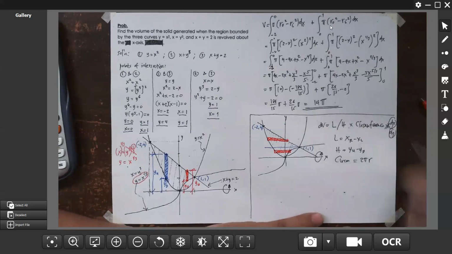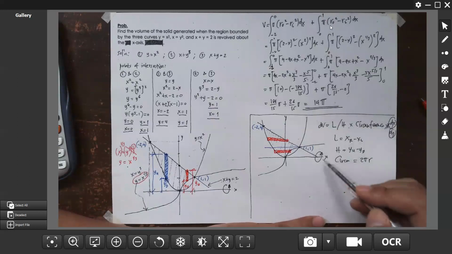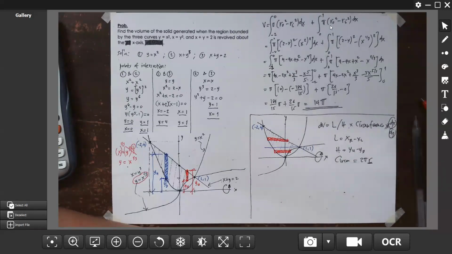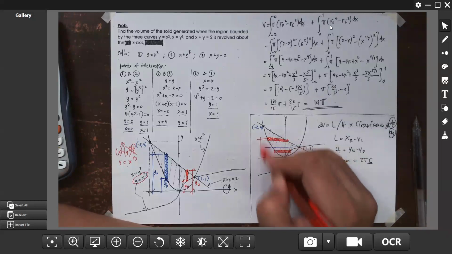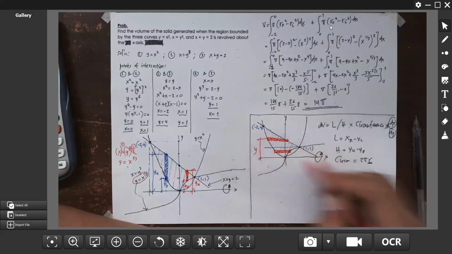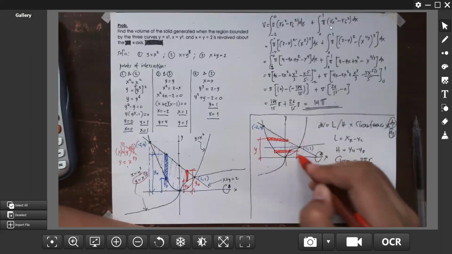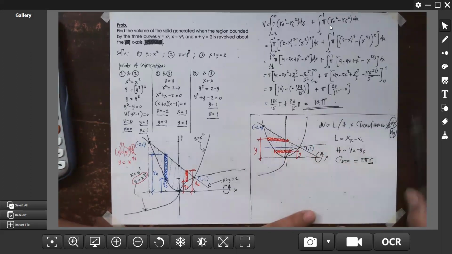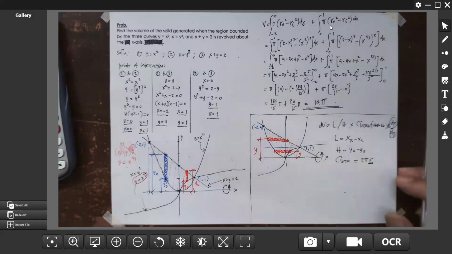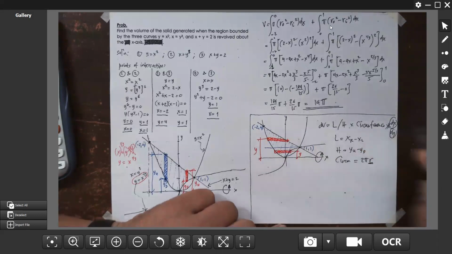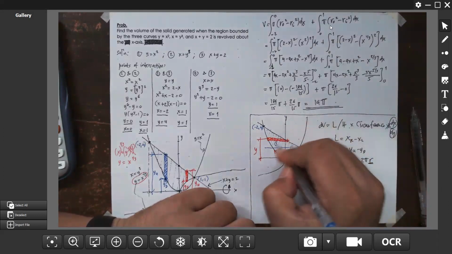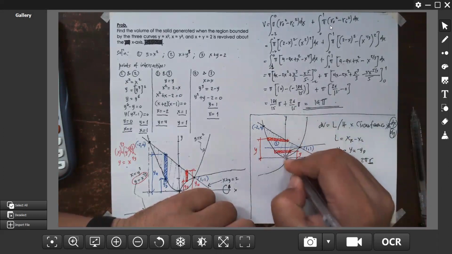Now, if the area is revolved about the x or the y axis, the radius is either x or y. So, in this case, for this one, the radius is simply y. For this one, it's y also. Now, you'll notice that for this one, let's denote it 1 and 2.